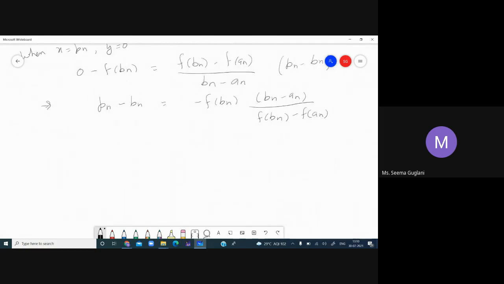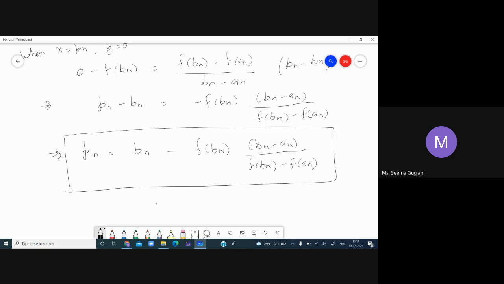So writing explicitly in the form of Pn, it states that Pn would be bn minus f(bn) into (bn minus an) divided by (f(bn) minus f(an)). So this would be your final formula for calculating the approximations of the root. Is it clear?